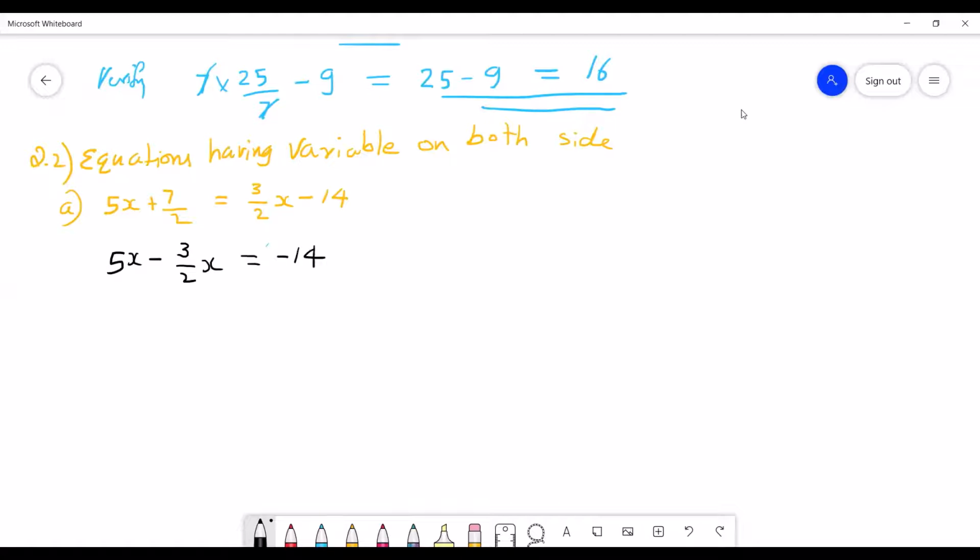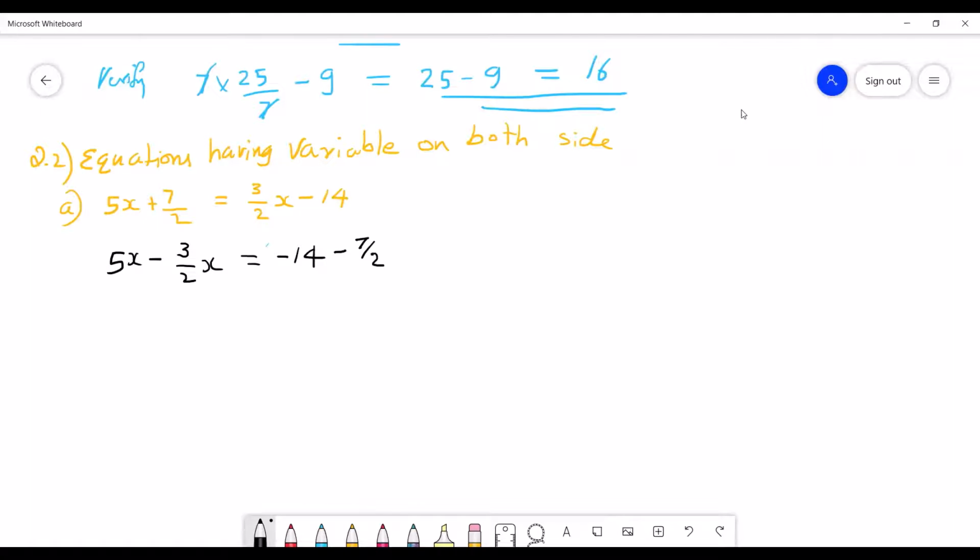But in the left hand side we are having 7 by 2, that is plus. So we have to transpose this plus 7 by 2 to the right hand side. When it goes to the right hand side, it will become minus 7 by 2. So now let us do the operations.